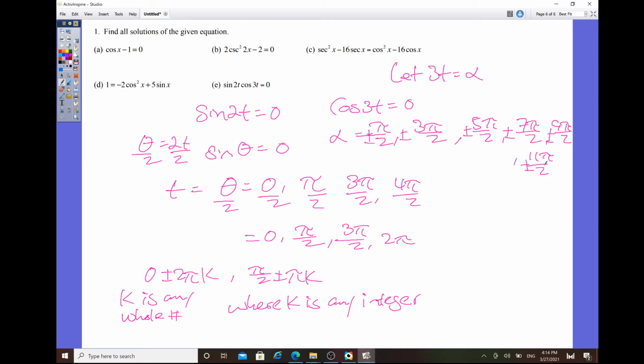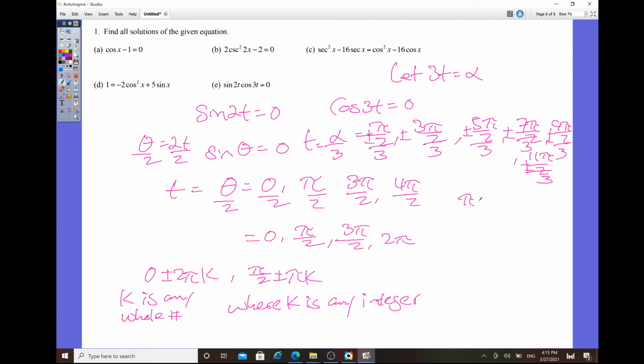So again, this one is just the repetitions by adding 180, plus minus pi k, like that. Oh, you know what? Divided by 3, because 3t equals alpha. So t is alpha divided by 3. Oh, you'll find out a lot of solutions here.